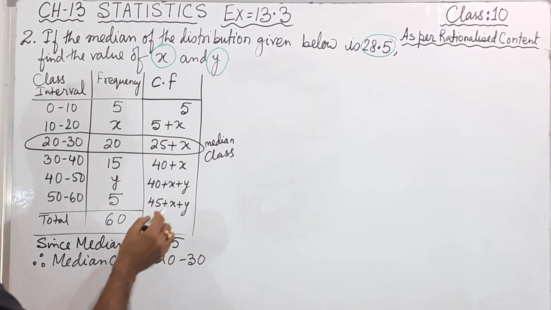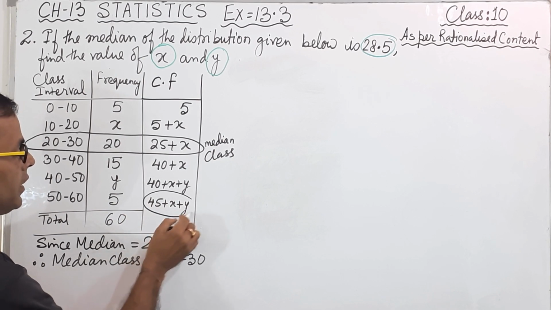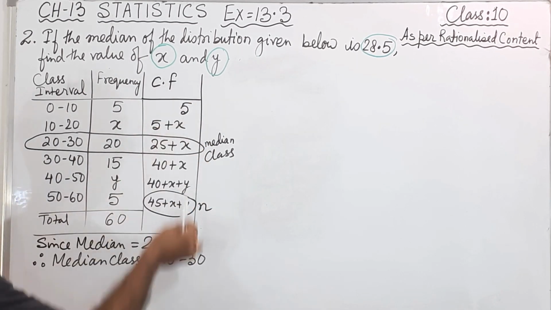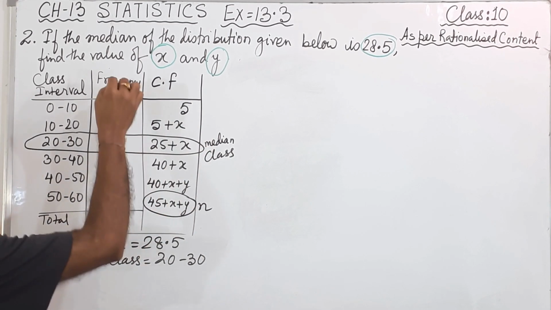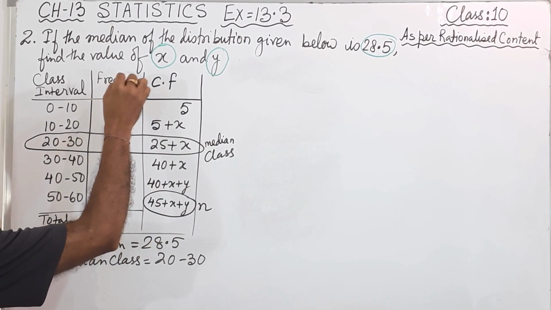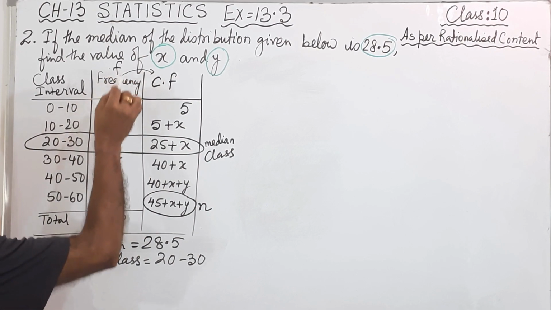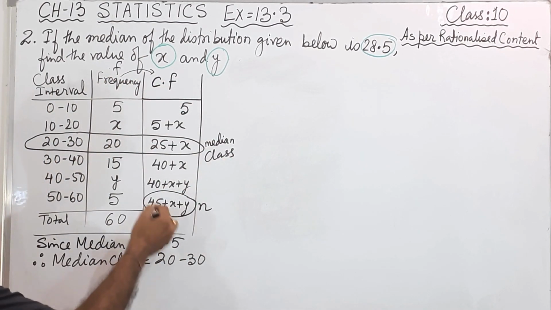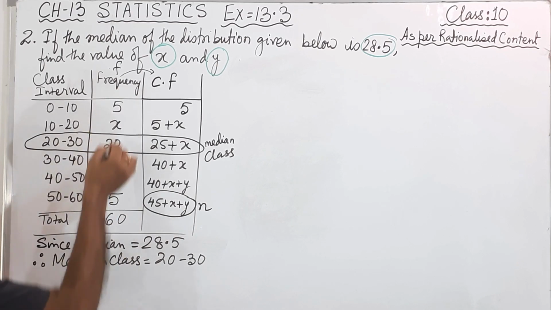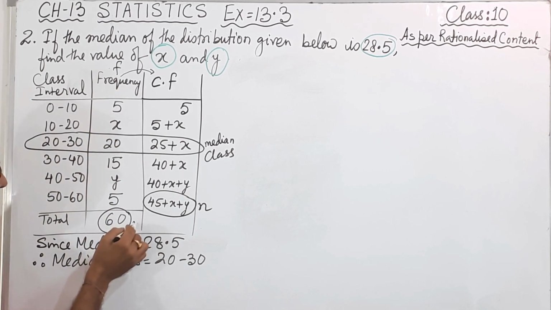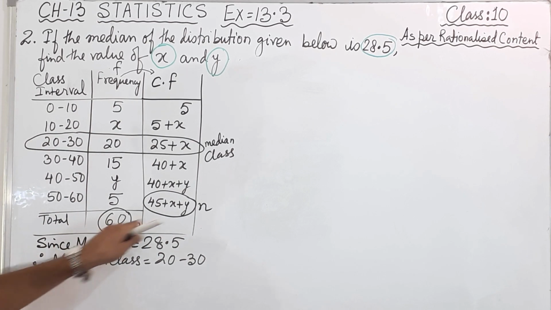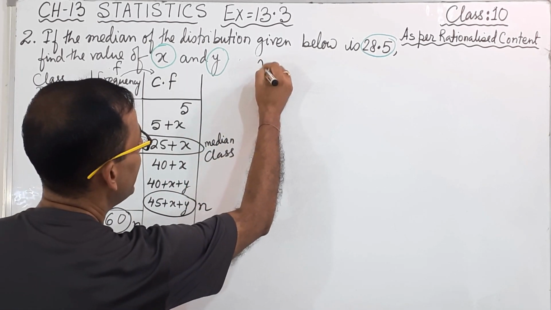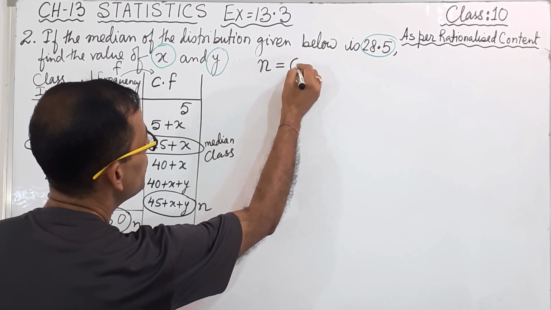Now we used to write this one n. Clear? And what is this n? The sum of the frequency only, because cumulative frequency you are getting from frequency only. This is frequency. From frequency only you are getting cumulative frequency. So this is n. Again you can see here adding this one is also n, that is summation f. So both are same. So I will write n equal to 60.